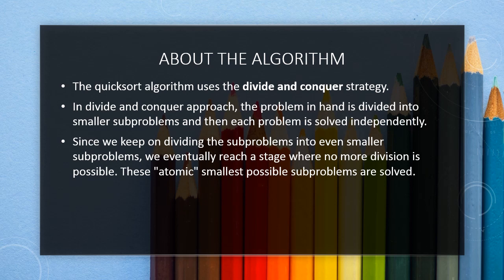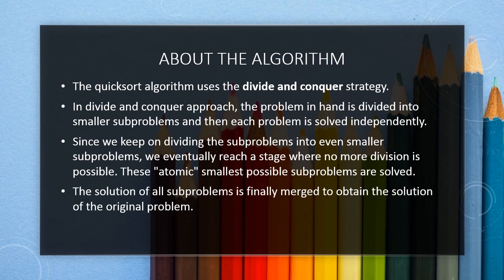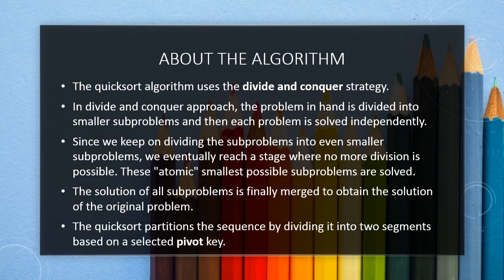These atomic smallest possible subproblems are then solved. The solution of all subproblems is finally merged to obtain the solution of the original problem. The quicksort partitions the sequence by dividing it into two segments based on a selected pivot key.